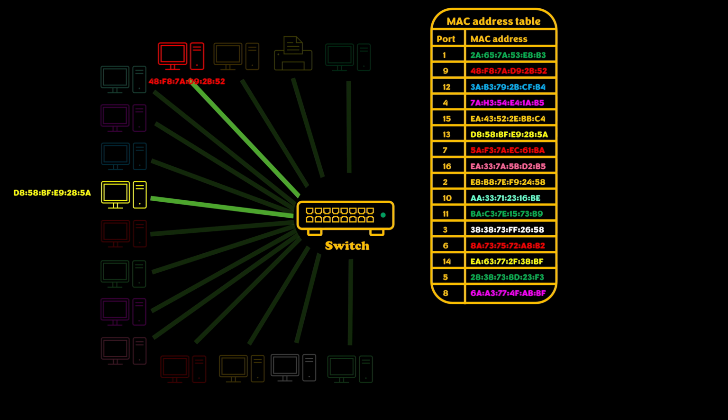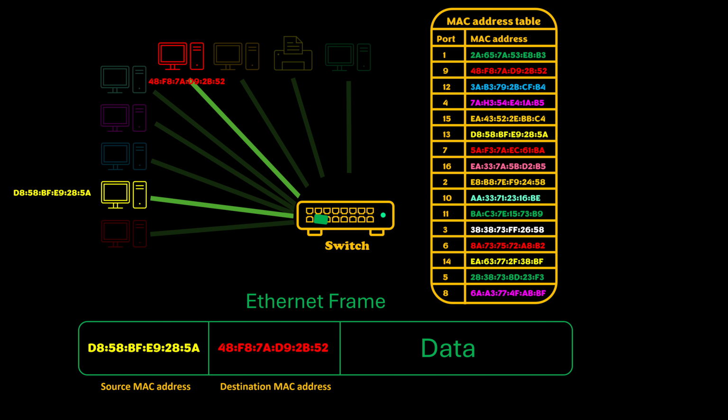Now, let's look at this same example again, but this time we'll dive a little deeper. If this yellow computer wants to communicate with this red computer, it will send a piece of data to the switch. This piece of data is called an Ethernet frame, and it looks like this. Inside this Ethernet frame, there will be a source MAC address, which is the MAC address of the device the data is from, and a destination MAC address, which is the MAC address of the device the data is for.